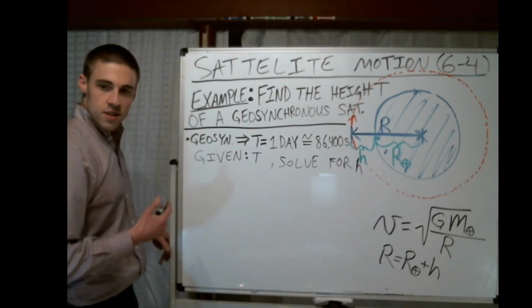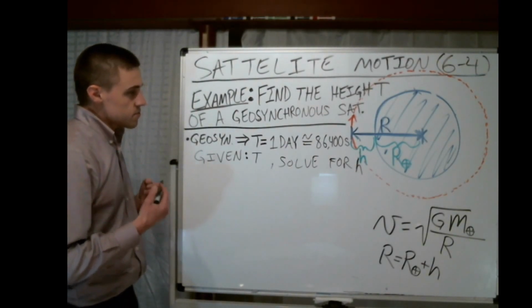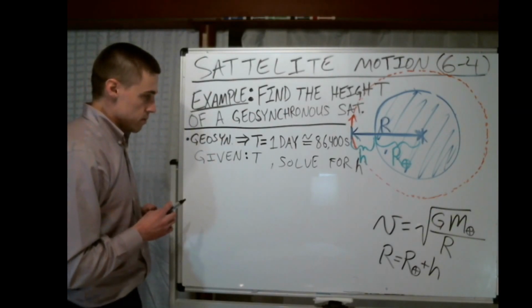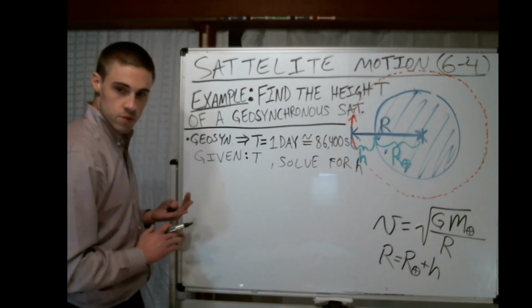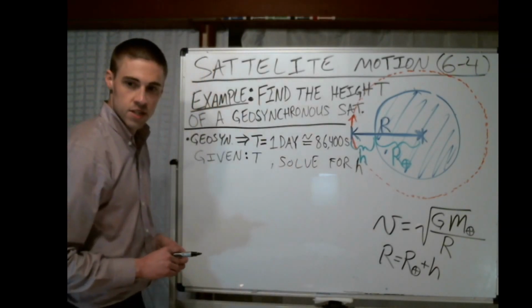Because it's a satellite, an object in uniform circular motion, we have a bunch of tools at our disposal: all of the equations for uniform circular motion and the newly derived satellite equation.